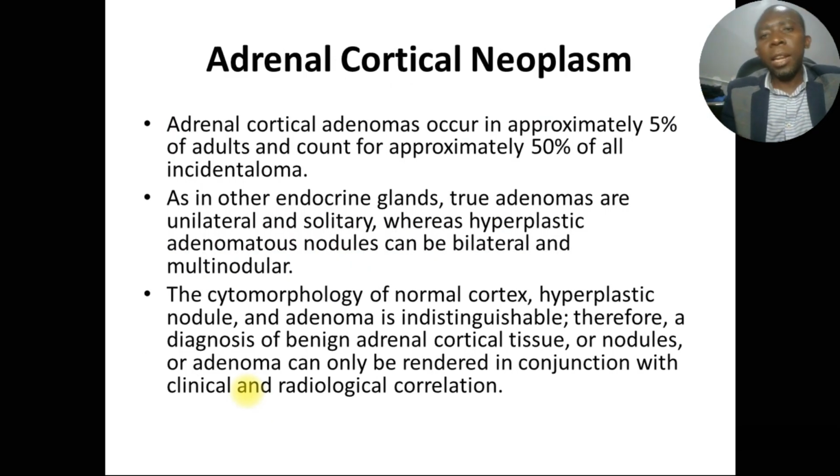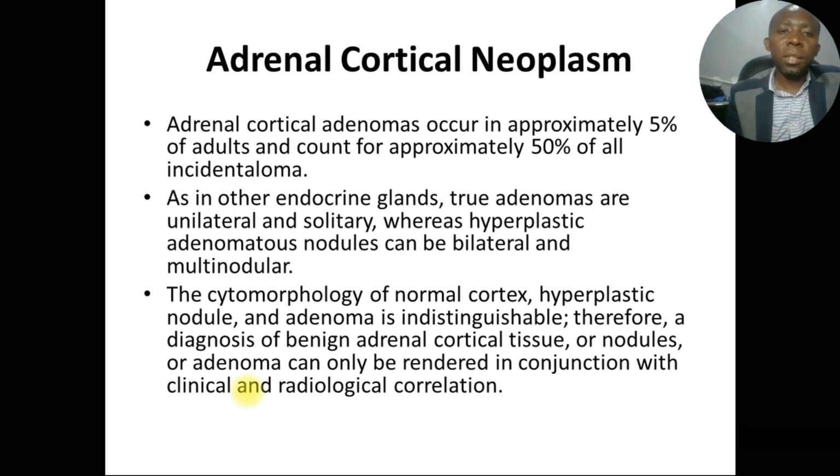So we have another neoplasm, and this is what we call the adrenocortical neoplasm. We see that adrenocortical adenomas occur in approximately 5% of adults, and account for approximately 50% of all the incidentalomas. We said previously that incidentalomas are tumors or lesions that are encountered incidentally.